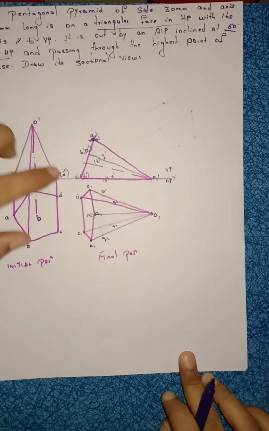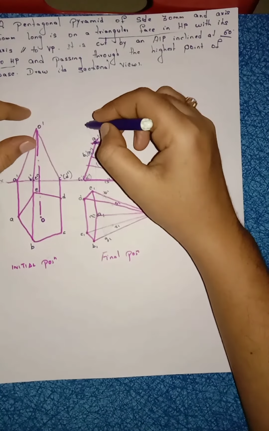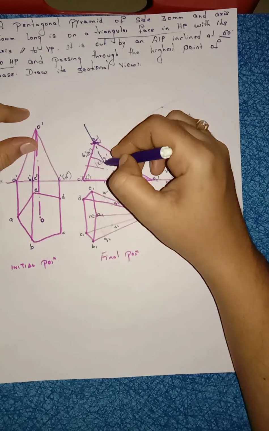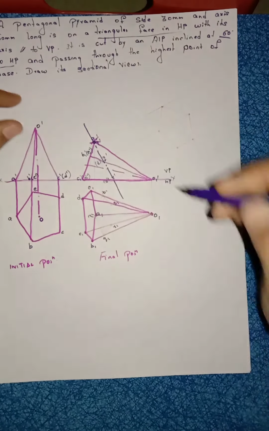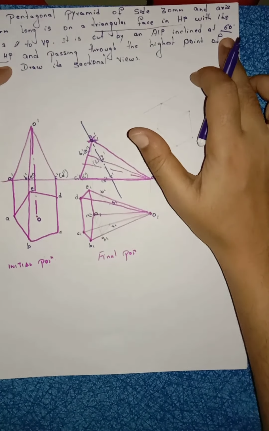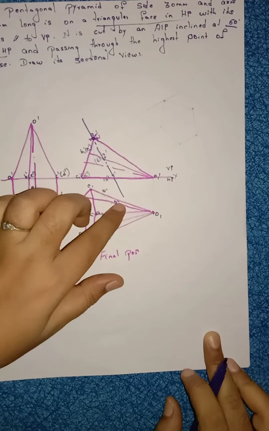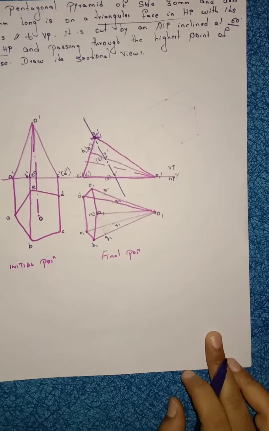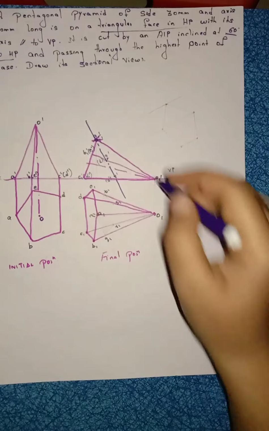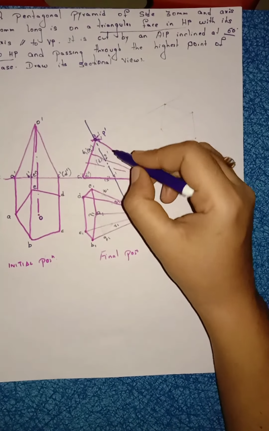Yes or no? Keep your protractor on this line from this point. Mark the angle. How much is it here? 60 degrees. Draw the sectional plane: 60 degrees to HP and passing through the highest point of the base. Now this is your P point, right?